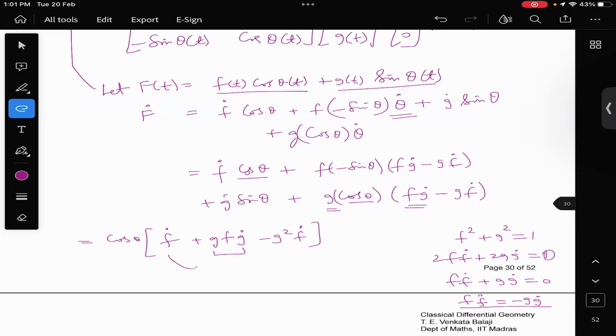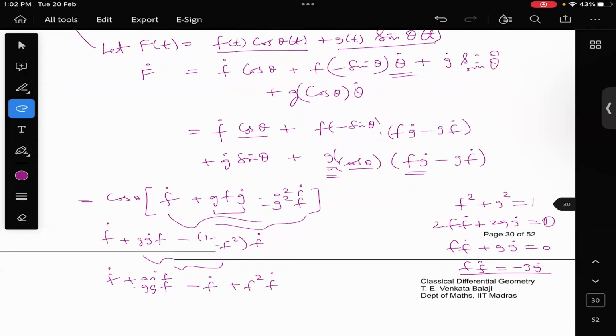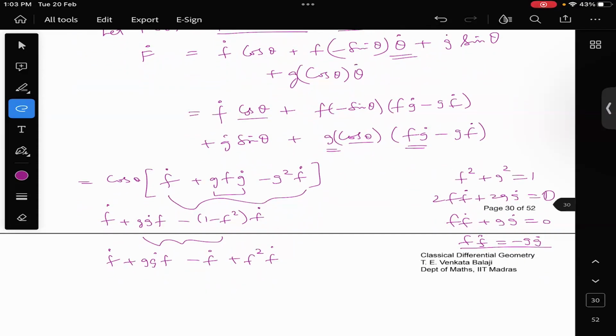So this whole term will become f dot plus g dot f minus g squared, which is 1 minus f squared, into f dot.